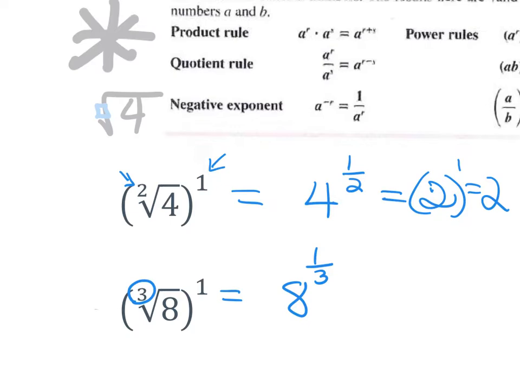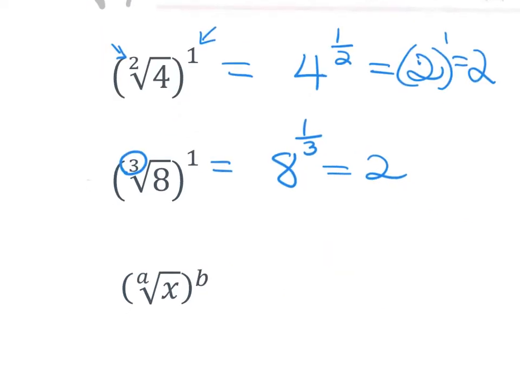We can also solve this, and you should know that 2 times 2 times 2 is 8. If I have just a variable, again, this is the root, this is the exponent. So you take the number that's under the radical symbol and raise it to the b over a power. So we're going to practice this.